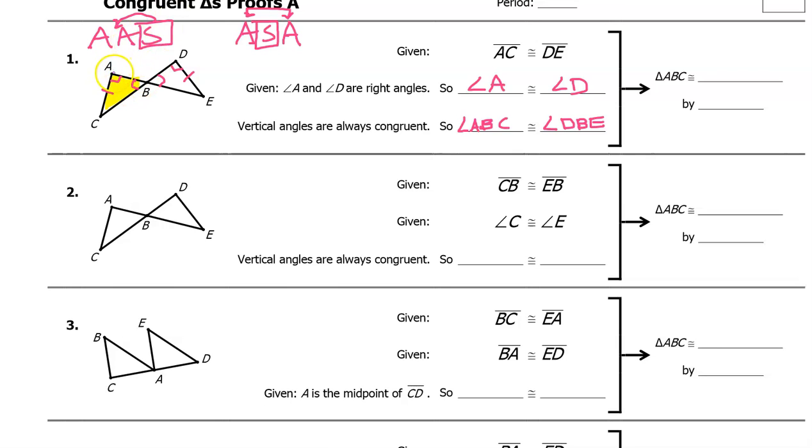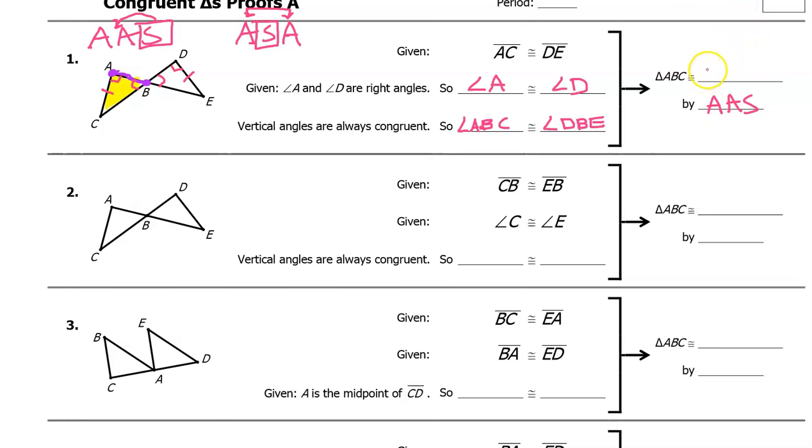Well, here's the first angle, and here's the second angle. Here is the side between those 2 angles. Is this the side that's marked? No, the side that's marked is way over here. So the marked side is not between the 2 angles. That makes this angle, angle, side. So this is an angle, angle, side situation.